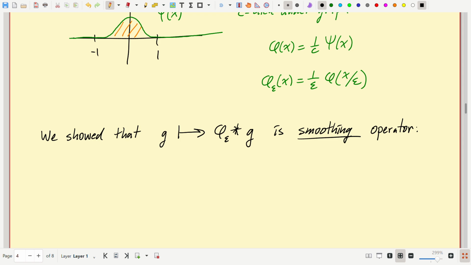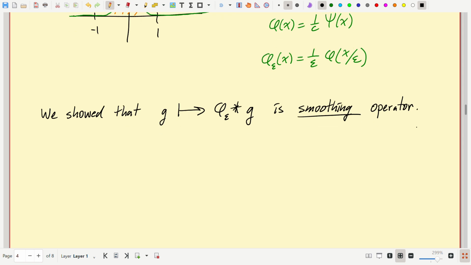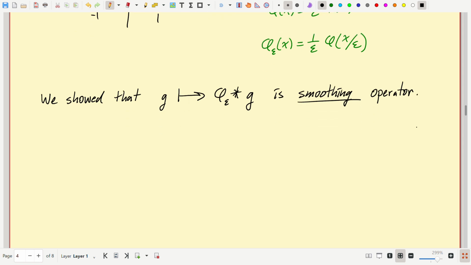That same argument works if the thing is L2. So I'm not going to show you that, but if you go back and look at that day and think, what if I knew how to do Lebesgue integration and my function was in L2? The same argument would work in L2. We're not sweating the details here today. Okay, so that's a smoothing operator.